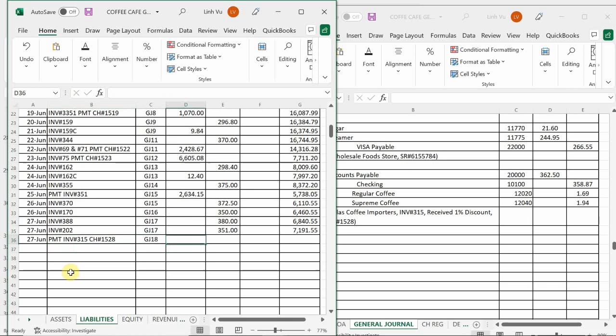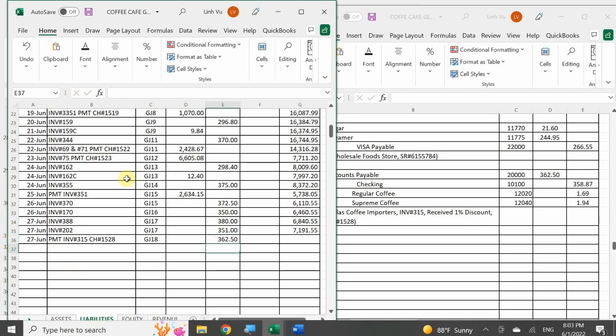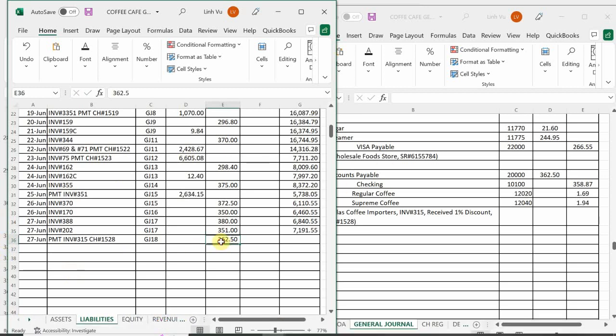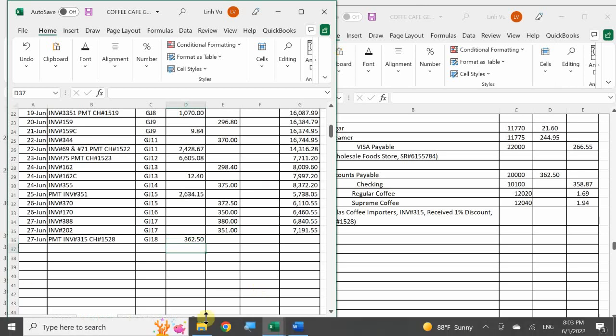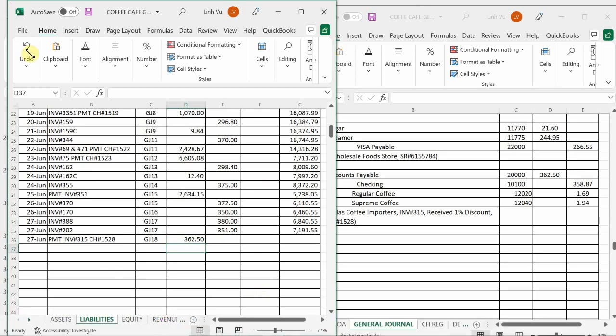We're on General Journal 18, and I paid off $362.50. Oops, wrong side. It's supposed to be a debit, $362.50. So that's going to reduce my liabilities down to $6,829.05.